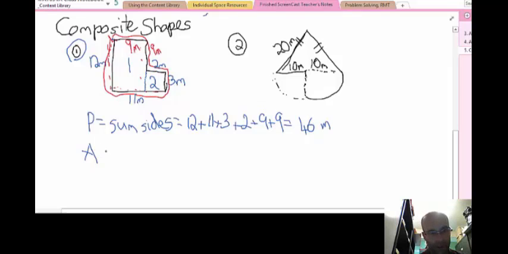If we're looking for the area of that same shape, we have, again, as I said, 2 rectangles. So let's call that area 1, A subscript 1, and area 2, with an A subscript 2. Area of a rectangle in both cases is length by width.